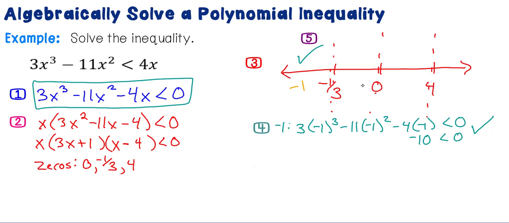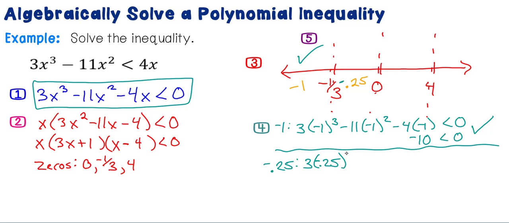And then I want to go to the next section, and I want to pick a number in between negative 1 and 0. So I'm going to use 0.25 because I know that's 1/4, which is less than 1/3. So I'm going to test that section now. I'm going to test negative 0.25, plug it into the equation, squared minus 4 times negative 0.25.